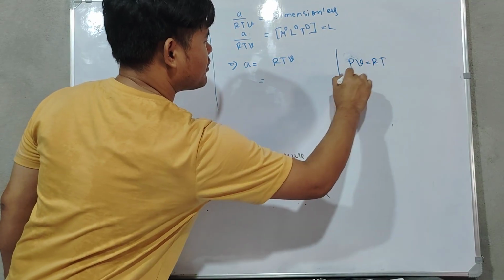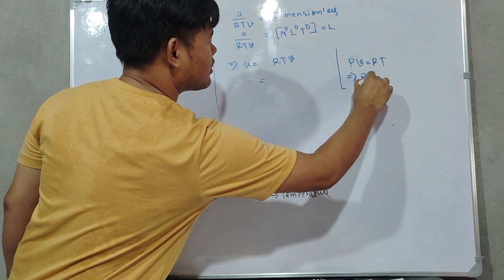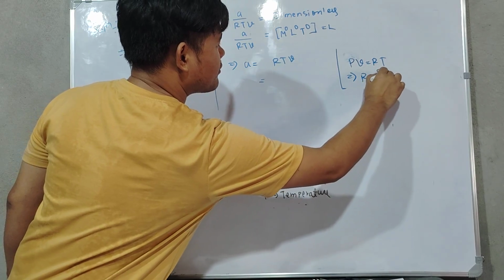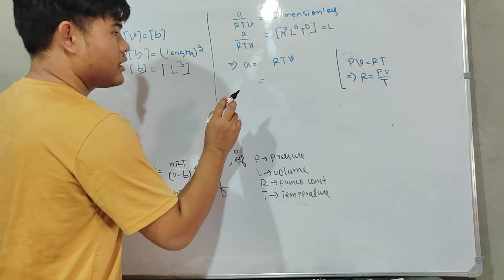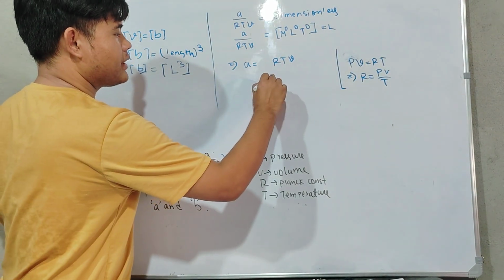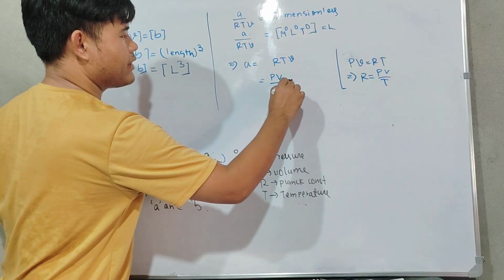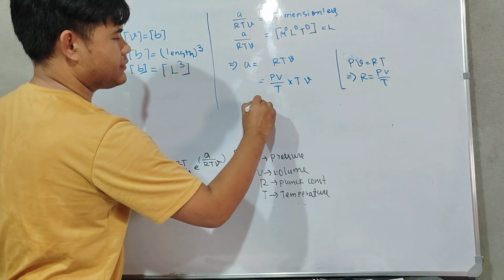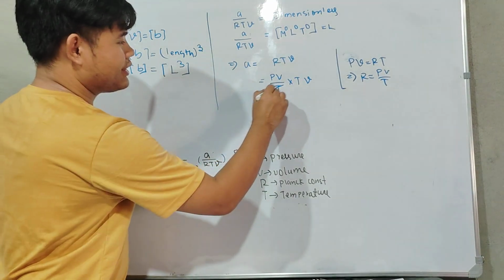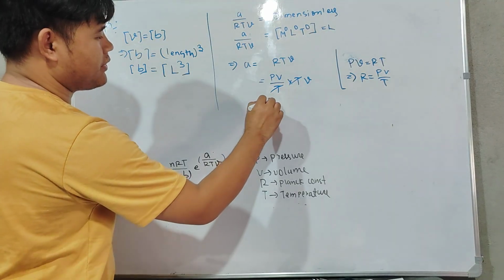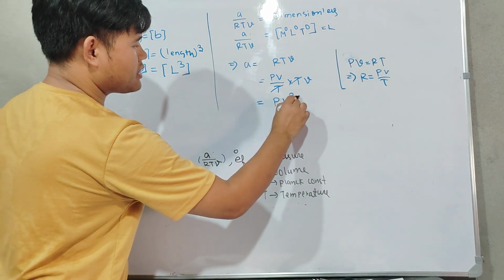PV is equal to RT, so R is equal to PV by T. We can write PV by T into TV, so T and T cancel out. We have PV square.